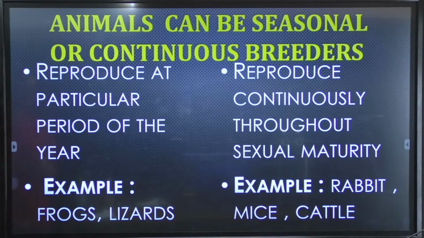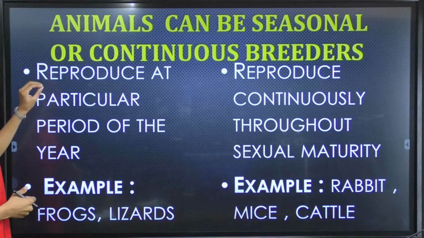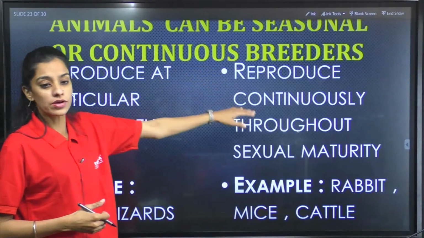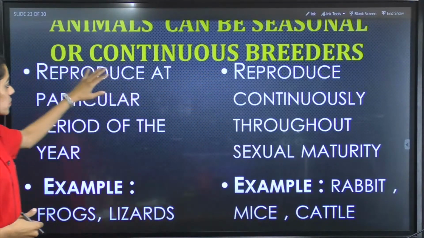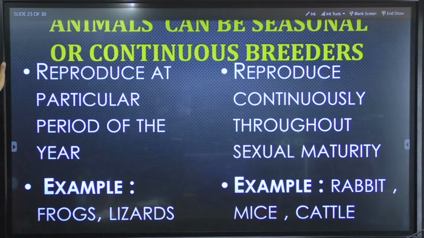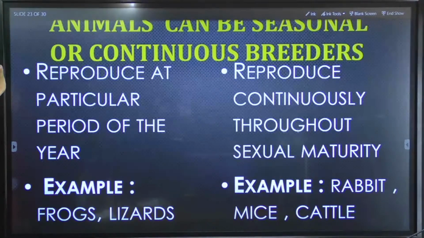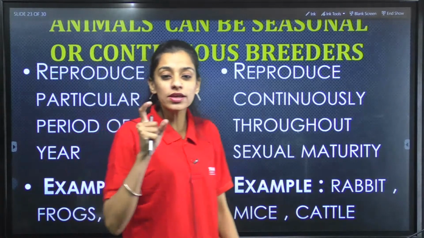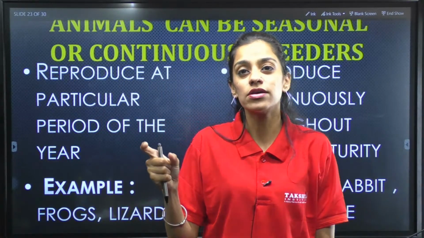So this part is your seasonal and this part is your continuous breeders. If we look at the seasonal ones, they are the ones that will reproduce at a particular period of the year. That means they will be reproducing only in a particular period of a season.